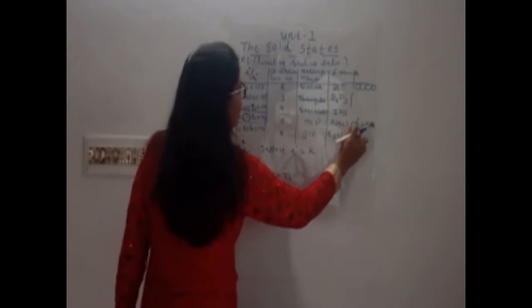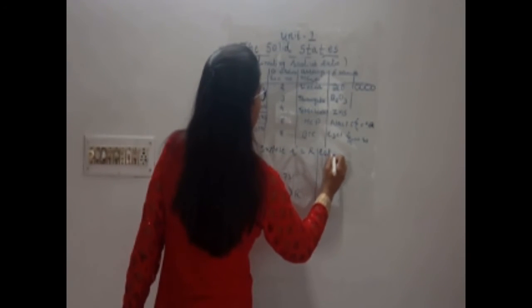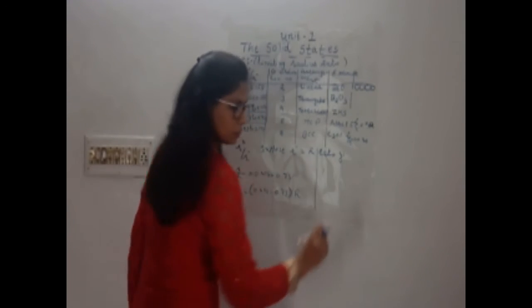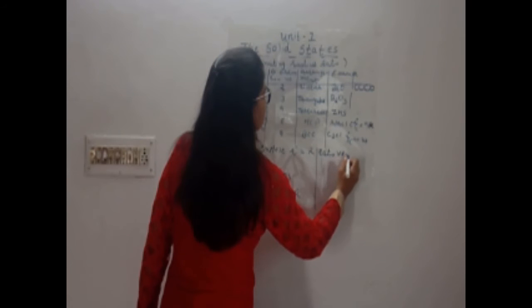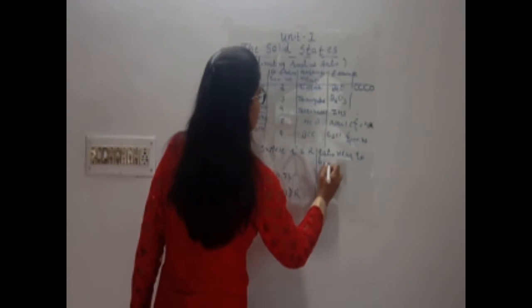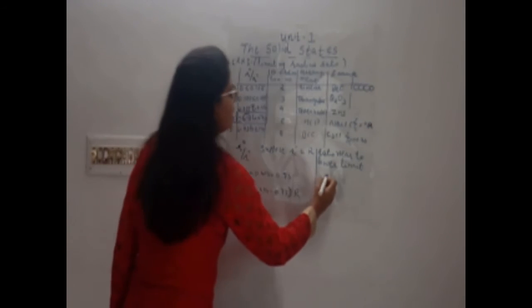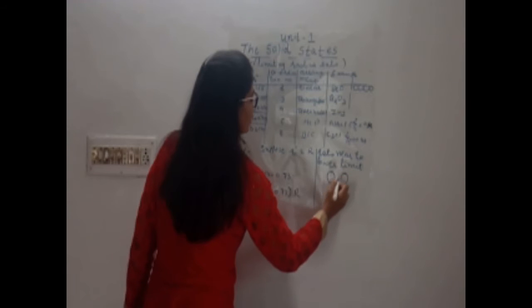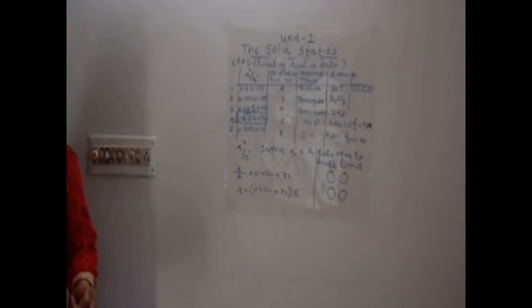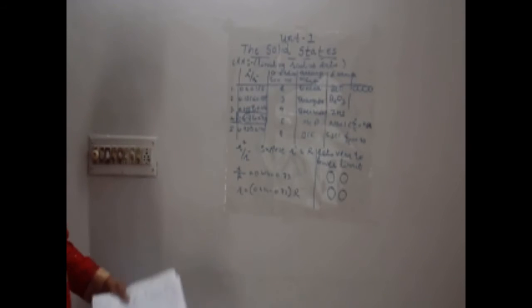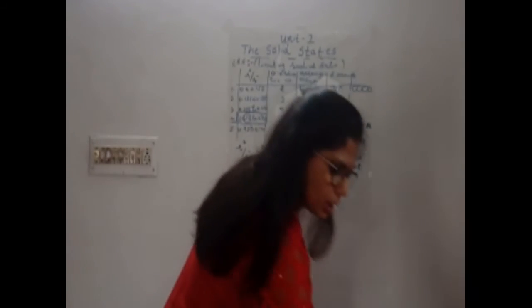So when the ratio is near to the lower limit, then the arrangement of this molecule, or we can say the arrangement of unit cell, are very nearer to each other.